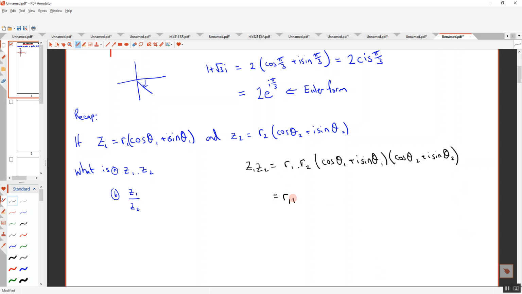So I'm going to expand these two brackets. So this times this is just cos theta 1 times cos theta 2. I'll do that times that, so I get plus that times that.